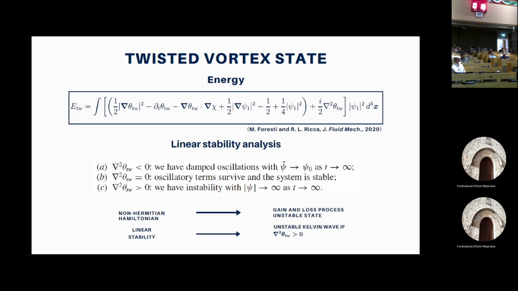So you have to imagine injecting from outside a scalar function, theta twist, a field. For example, you can do this maybe by using Gauss-Laguerre beams on the system. And we discovered that we have totally different behavior if the injected twist phase is globally injected or only localized close to the vortex.